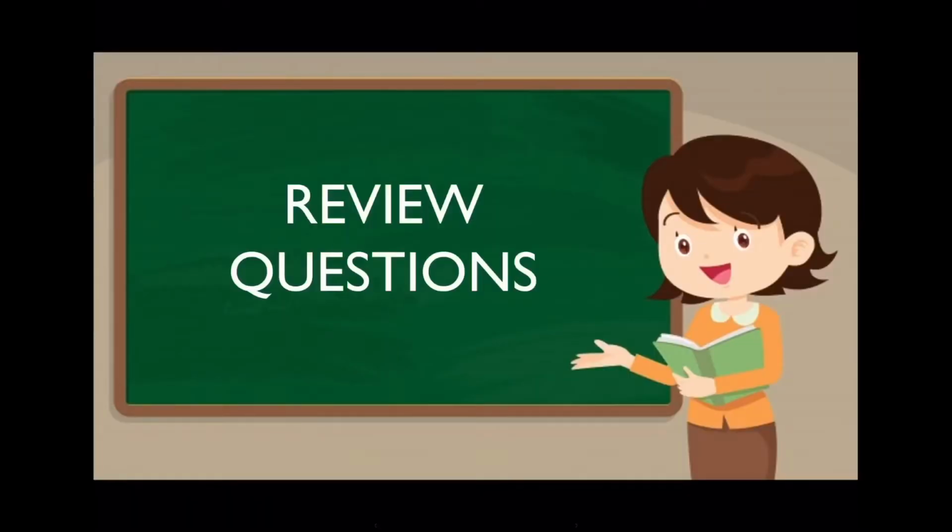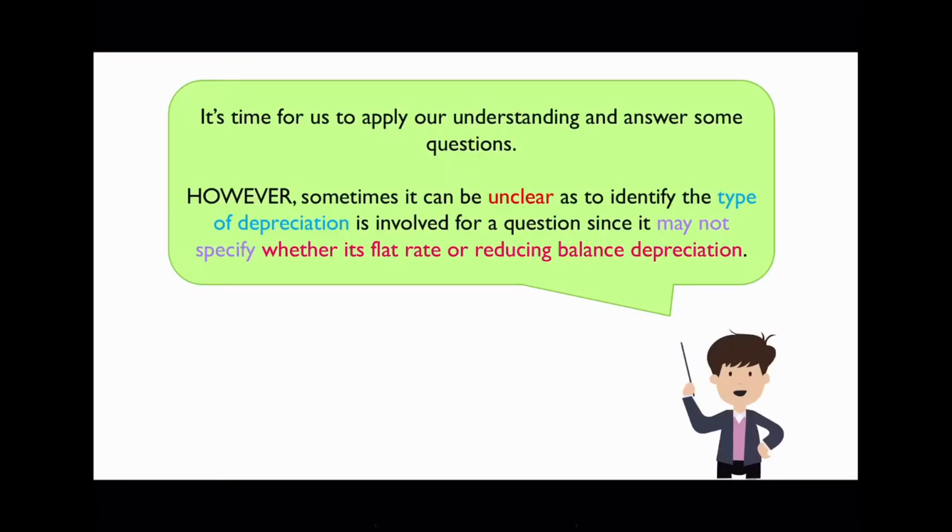Alright guys, now I want you to answer some review questions, but before then, I do want to point out that it is quite unclear whether you are looking at a problem that involves flat rate or reducing balance, because the question sometimes doesn't actually use these specific words. So I'm going to give you a little hint.